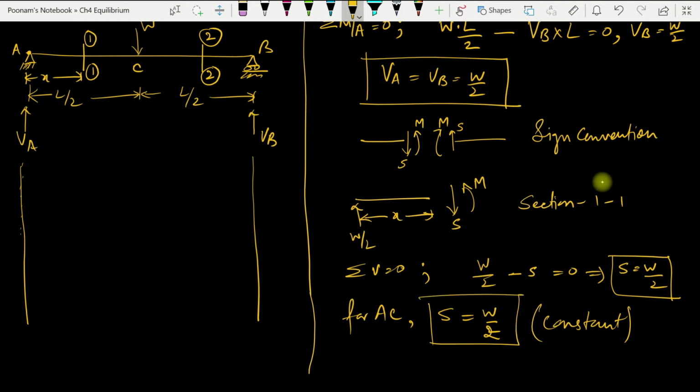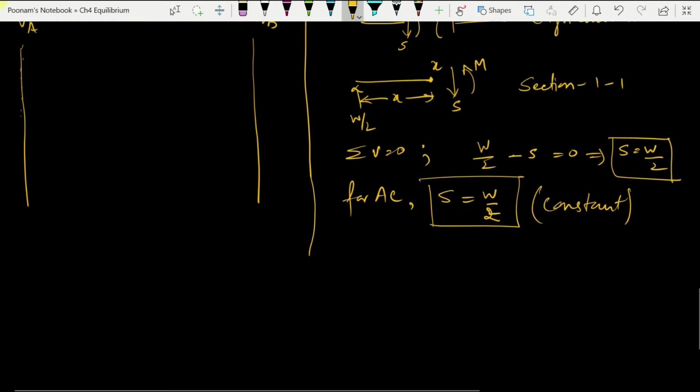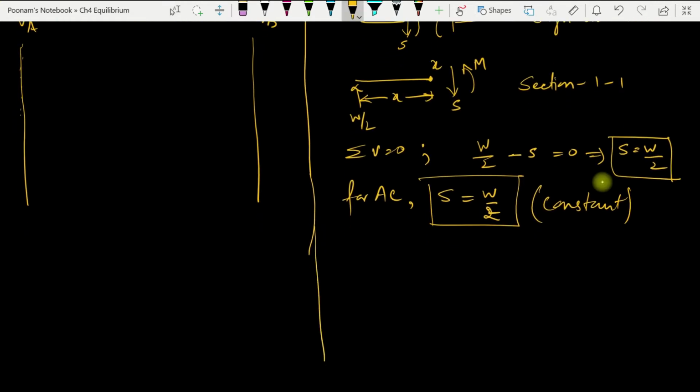Similarly, let us say this is point X. I can use the second equation of equilibrium, taking moment about point X equal to 0. Taking M as positive, M is anti-clockwise, so M, and about point X I'll get clockwise moment due to W by 2. So M minus W by 2 into x is equal to 0.